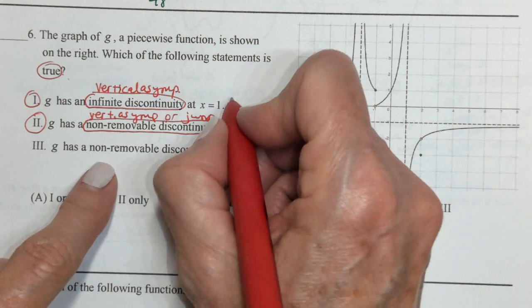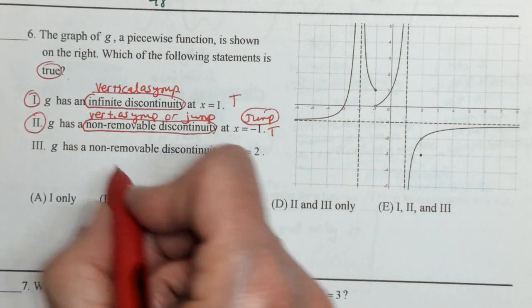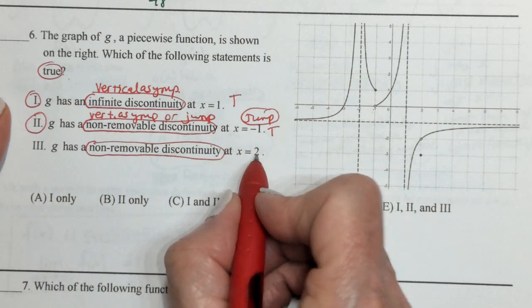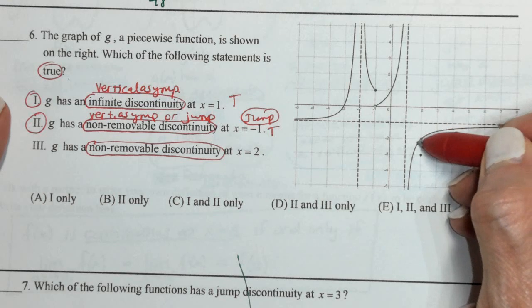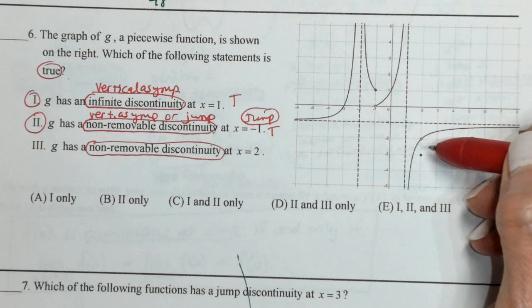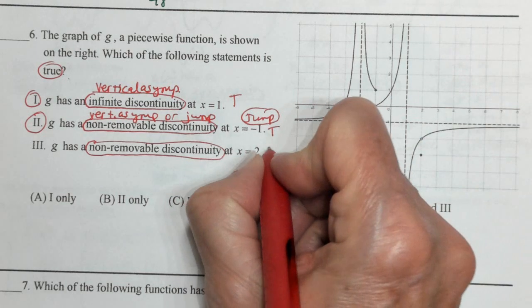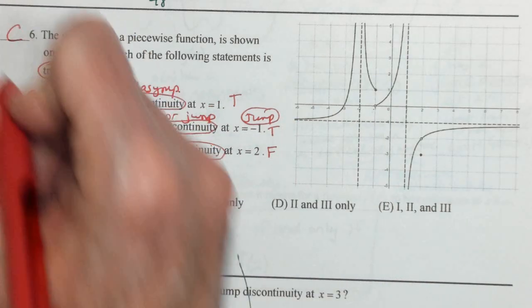Okay, so true, true. All right, G has a non-removable discontinuity, vertical asymptote or jump at x is equal to 2. I go to x is equal to 2, and there's a hole. A hole is not non-removable, a hole is removable, so this one is false. So 1 and 2 only, C.